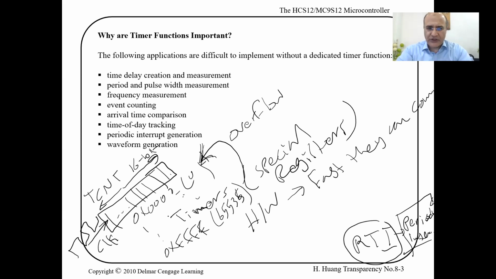We're going to talk about applications, but to make the picture clear, we're talking about registers supported by hardware, counters. Sometimes we call them counters or timers. The terminology is sometimes interchangeable, but they're the same thing, registers that count.